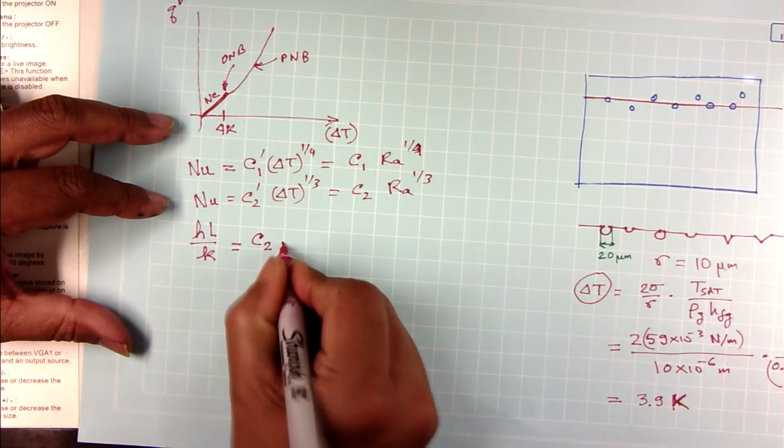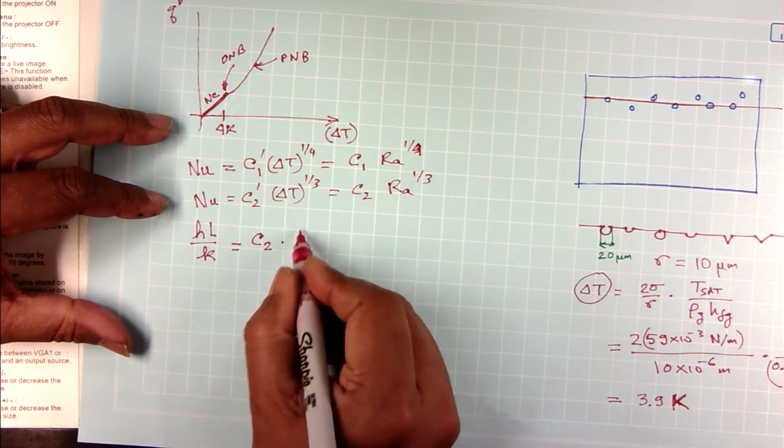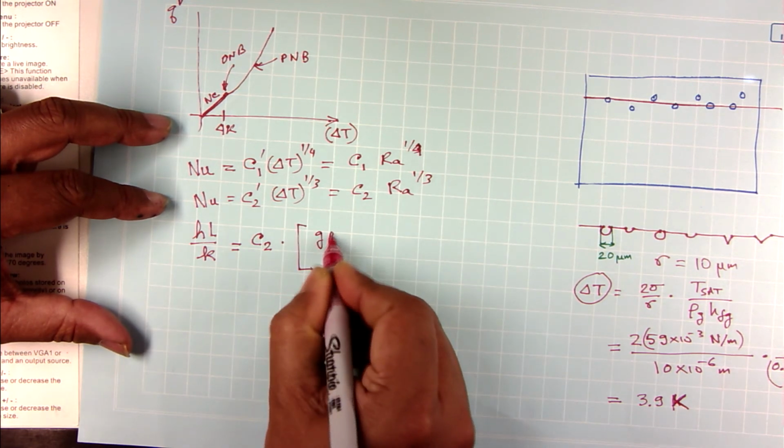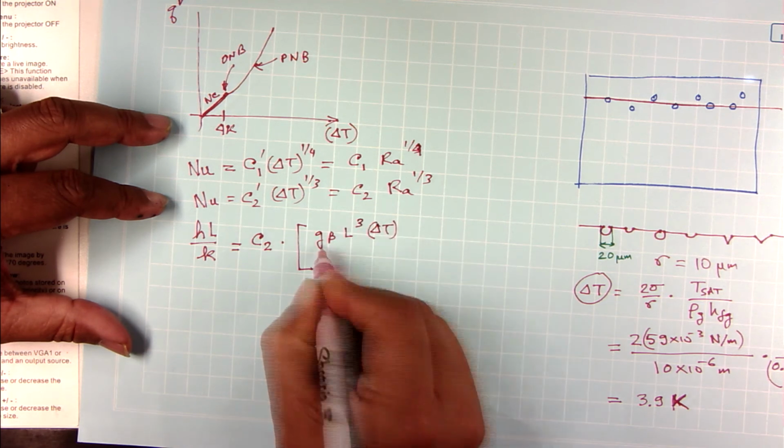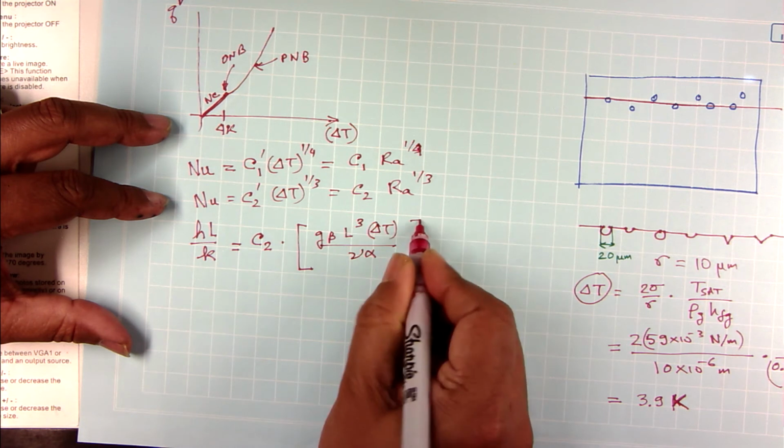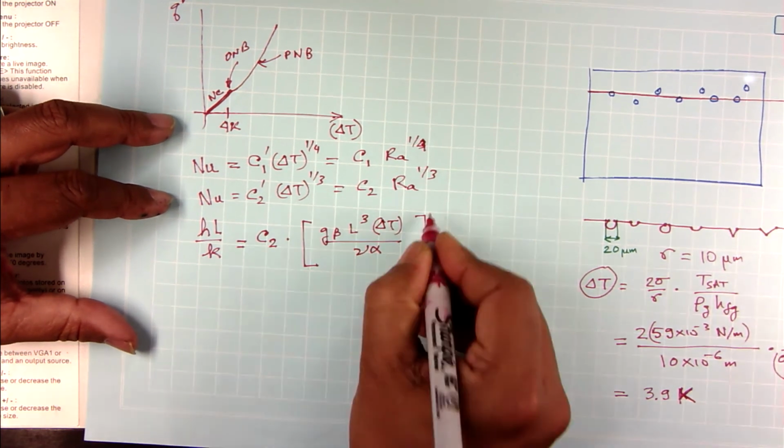Okay. So, let us substitute for Rayleigh number for the 1/3 case. I will have g beta L cubed times delta T divided by nu alpha, to the power of 1/3.